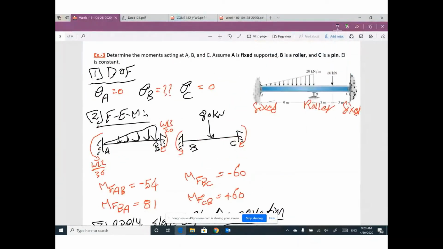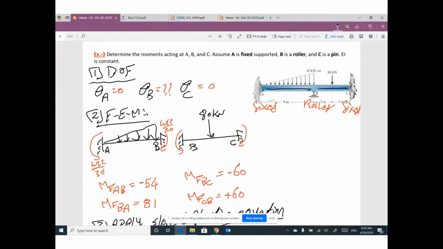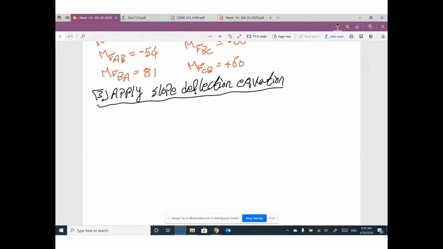We have member AB, so we have MAB, MBA. We have member BC, so we have MBC, MCB. So I will have MAB, MBA, MBC, and MCB.